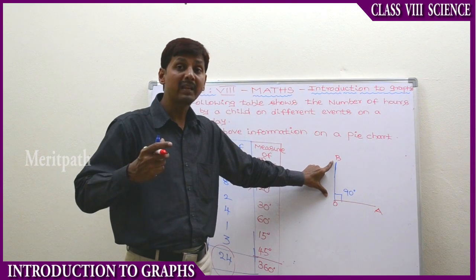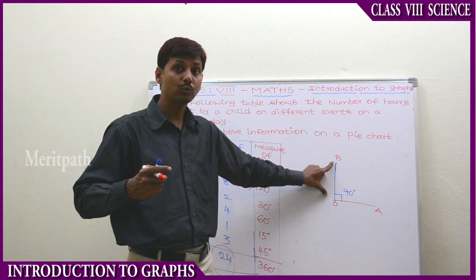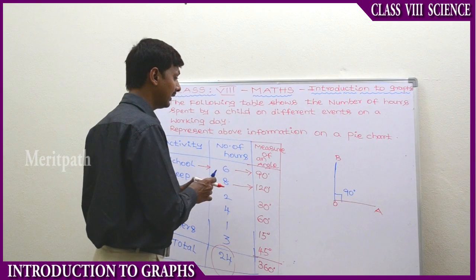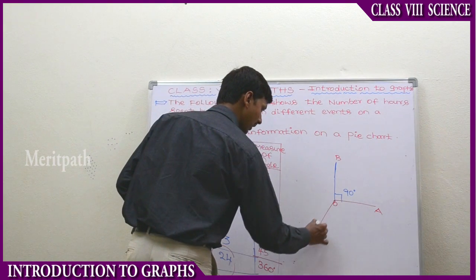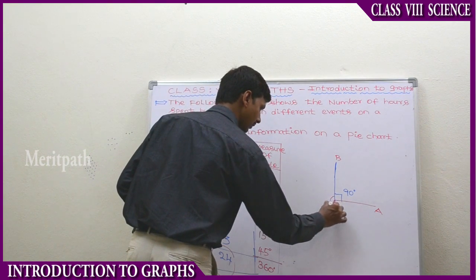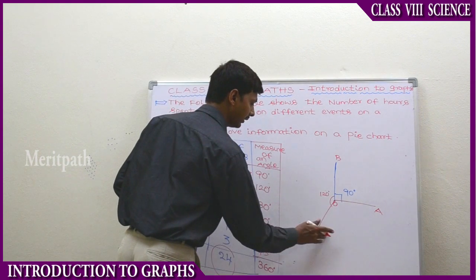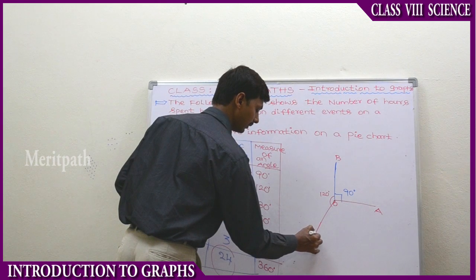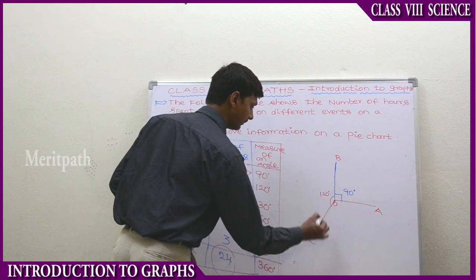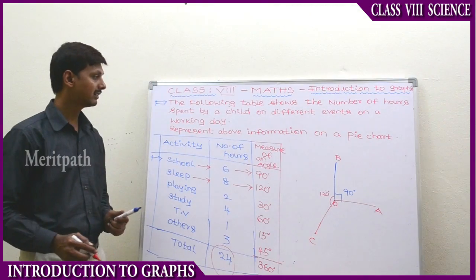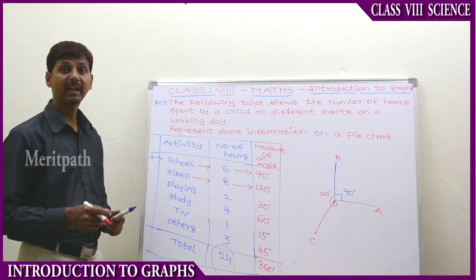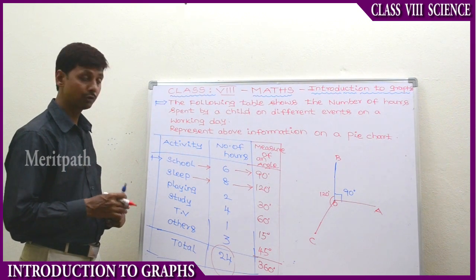Taking OB as a base and constructing 120 degrees, we get it in this manner, that is 120 degrees. Let's name it C. 120 degrees is completed. So up to now we have completed two activities.